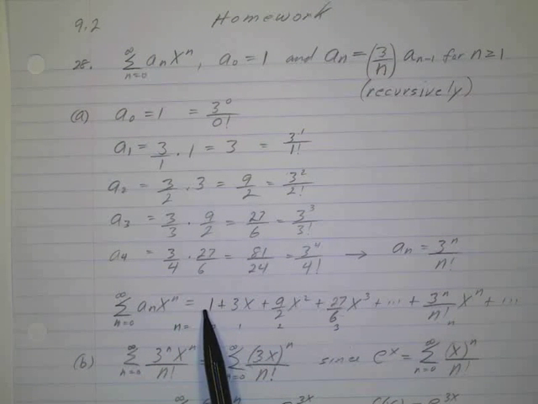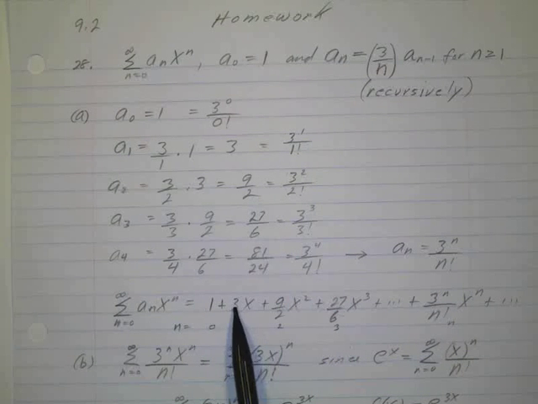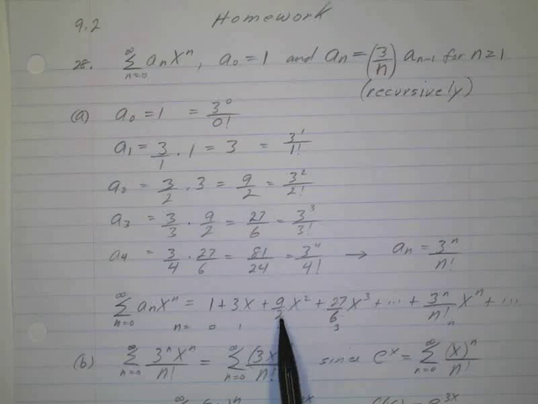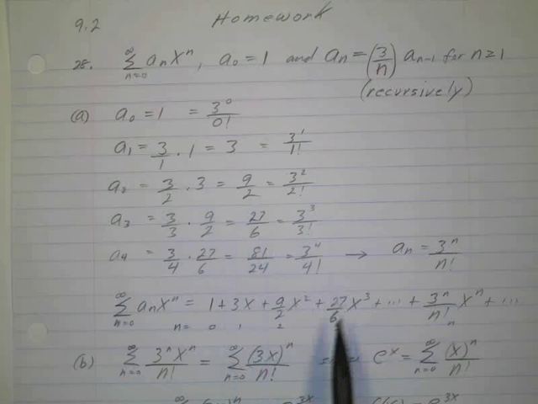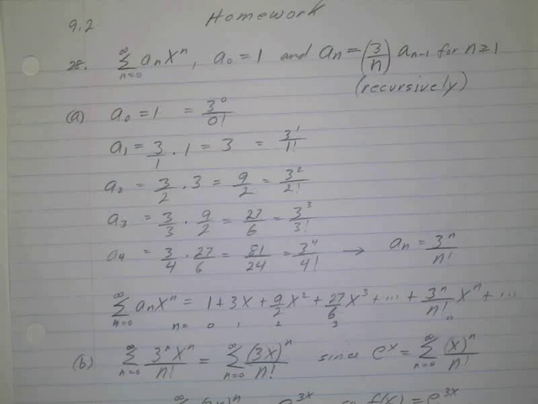So this is 1, and this is 3 times x to the first, and this is 9 halves x to the second, and 27 over 6 x to the third, plus the general term, which was 3 to the n over n factorial times x to the n.